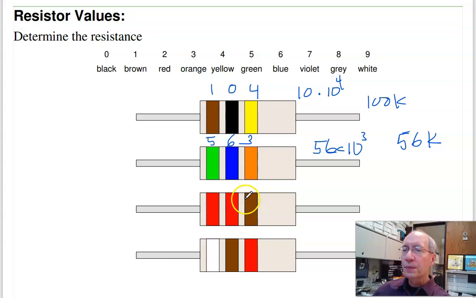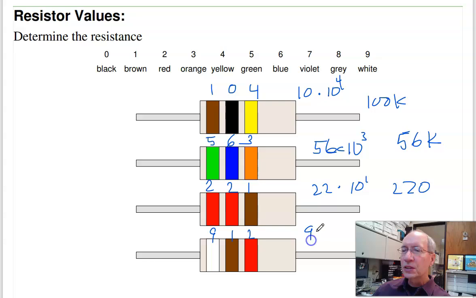Next one. It's 2, 2, 1. That's 22 times 10 to the 1 ohms, 220 ohms. And last one. White is 9, brown is 1, red is 2.